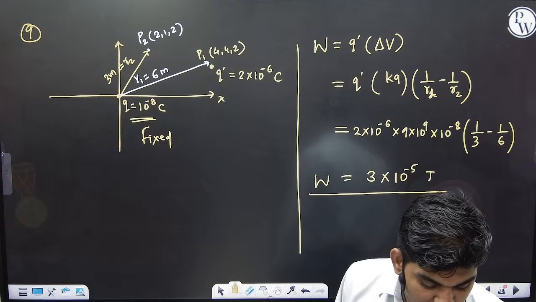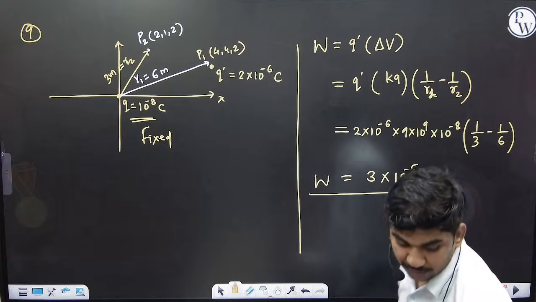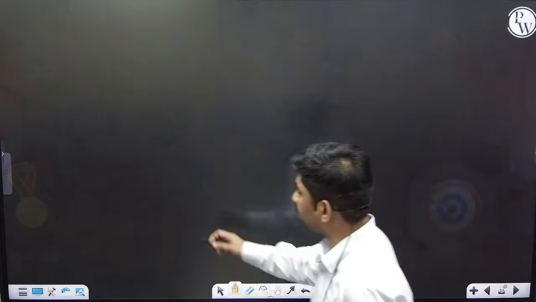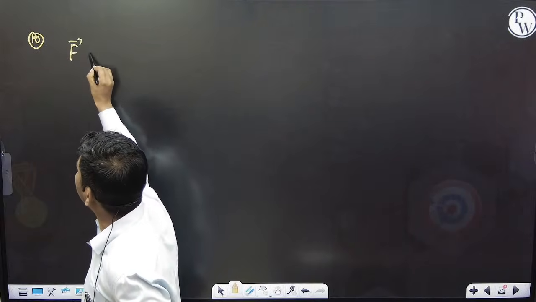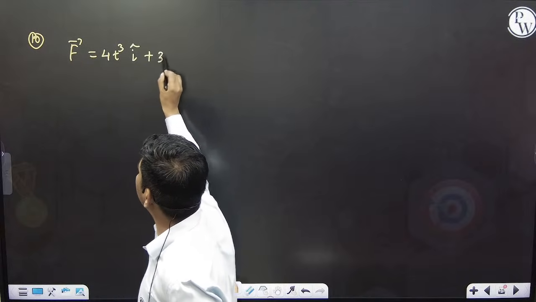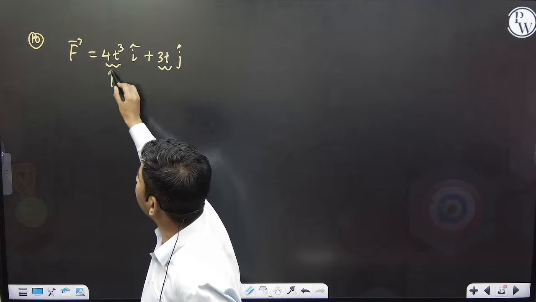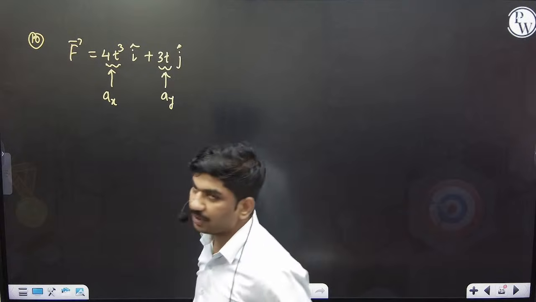Now one more question I am having, a clear data we are not having, but the question was like this. Let me write here. Based on NLM, an easier question again. The force was given as 4t cube i plus 3t j. Now what is this term? This is nothing but ax, and this is nothing but ay, acceleration.